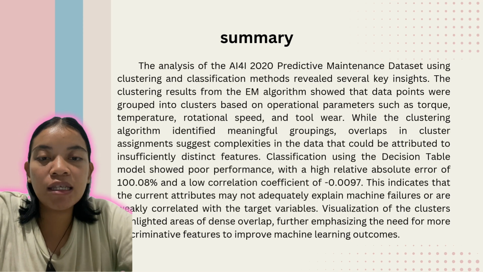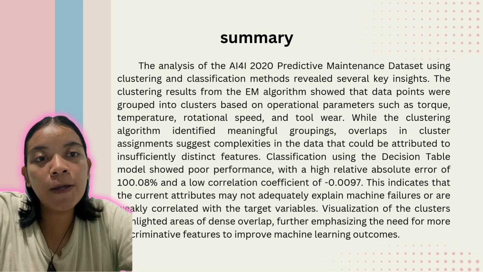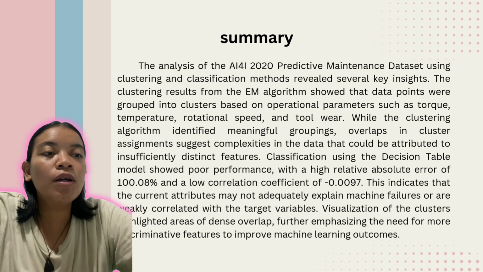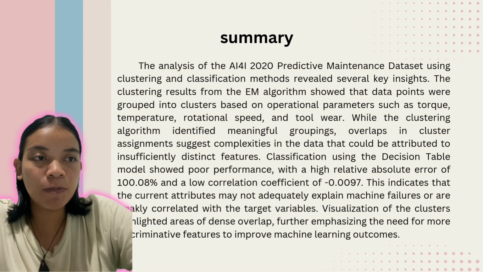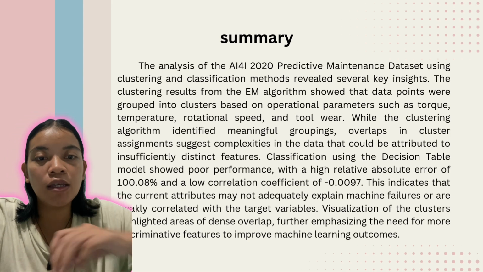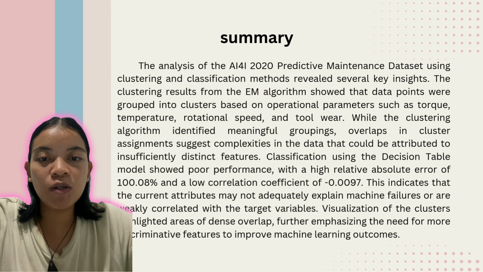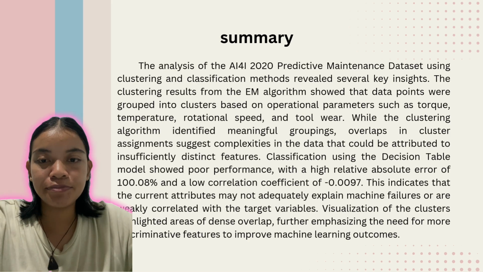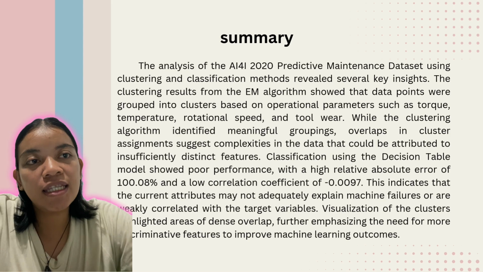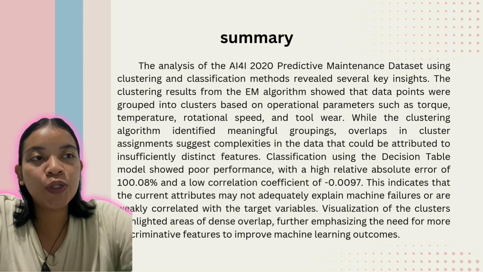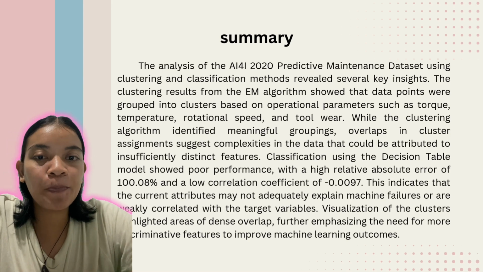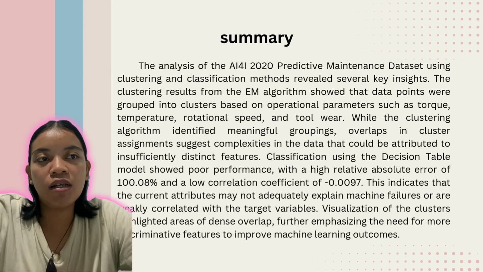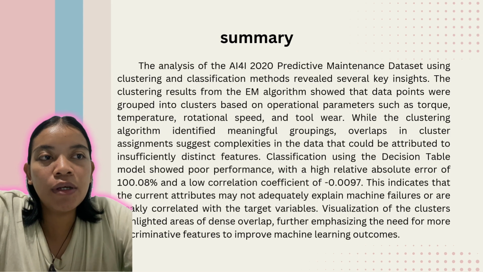Classification using the decision table model showed poor performance, with a high relative absolute error of 100.08% and a low correlation coefficient of negative 0.097. This indicates that the current attributes may not adequately explain machine failures or are weakly correlated with the target variables.